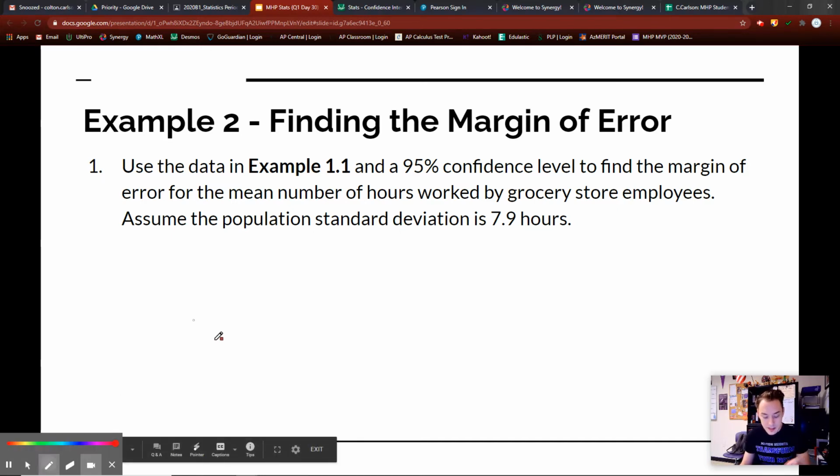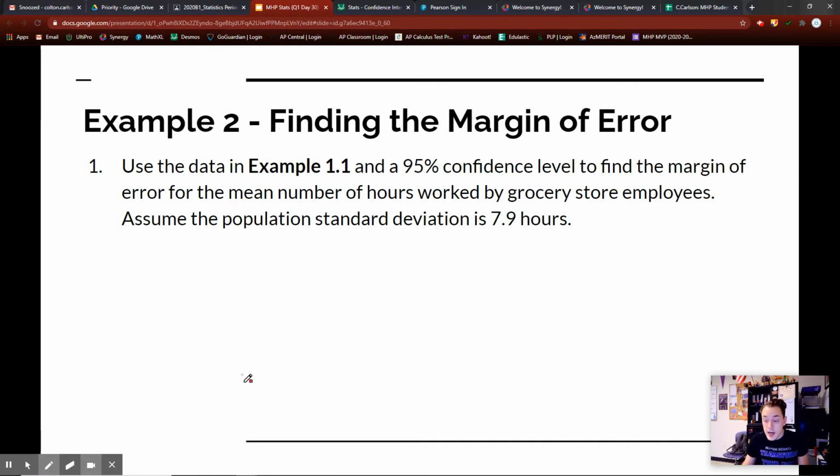Before we get to Desmos, I'm going to show you how to get to Desmos. But before we do that, let's start calculating a couple things, like my variables. What is my n? In example 1.1, we said my n was 40. We also said that I want to assume my standard deviation is 7.9. Notice how that's known.